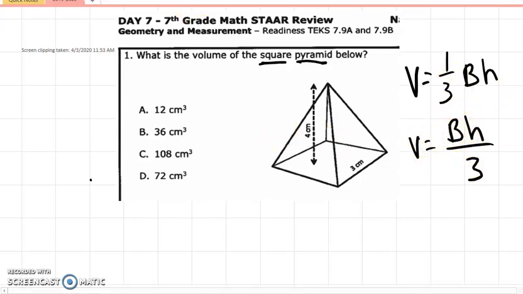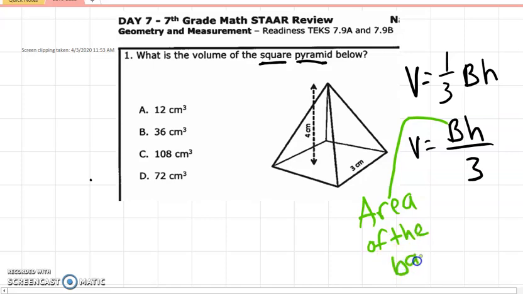Now, what does the capital B stand for? Well, the capital B is the area of the base. Well, if I look at the capital B as my area of the base, a pyramid only has one base. And I can see this is my base.